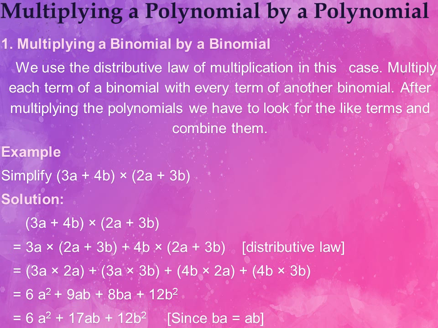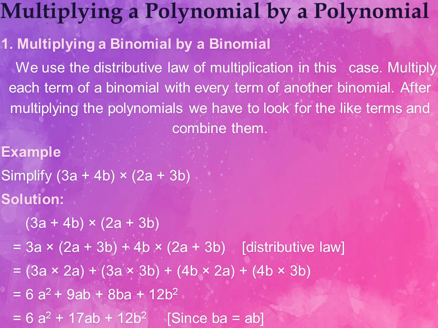So next is 3a into 2a plus 3a into 3b plus 4b into 2a plus 4b into 3b. Now the products are 6a square plus 9ab plus 8ba, or we can write ab also, plus 12b square.